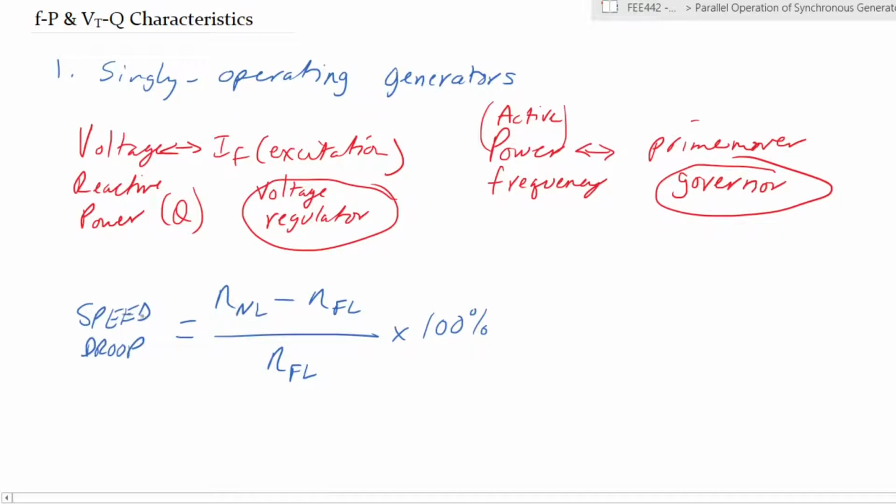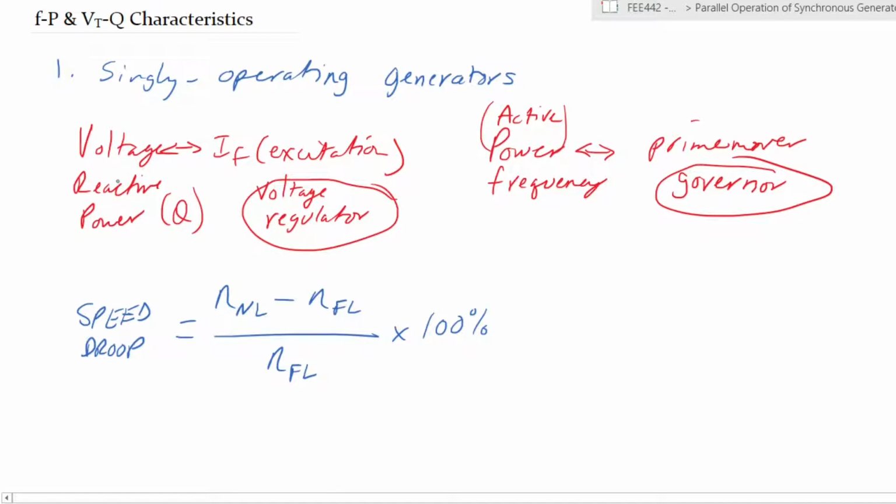Governors are set up such that they give a linear relationship between the speed and the power that is being supplied. And that relationship is usually known as speed droop, right? And you will now see that the relationships between these ones are both linear.